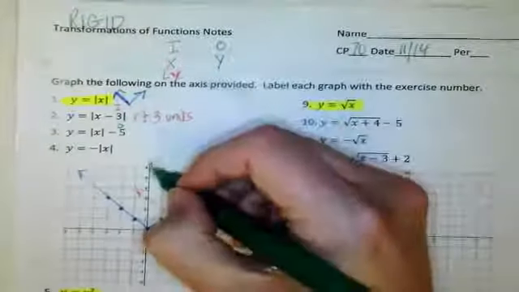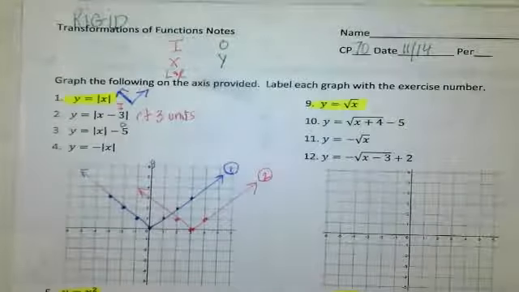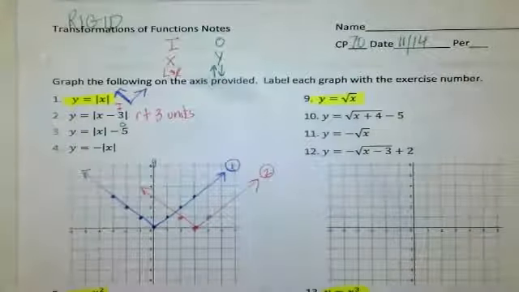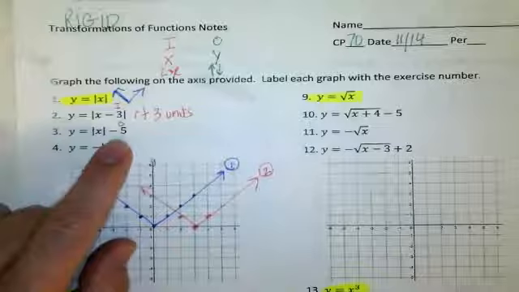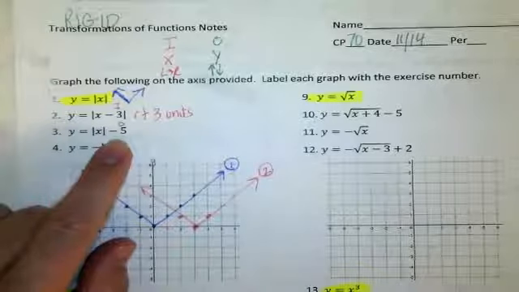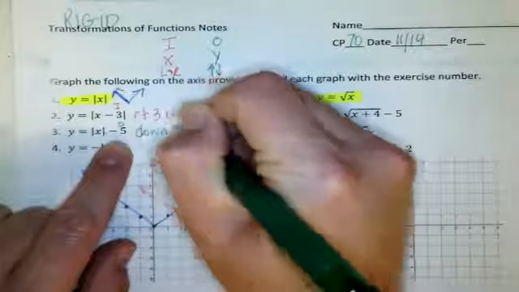Our y-axis is our vertical axis. It goes up and down. And so numbers on the outside move us up and down. It is a vertical shift. Now that you know it's going to go up or down, do you think it's going to go up 5 or down 5? Down 5 units.